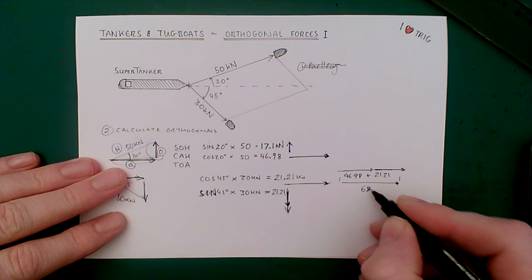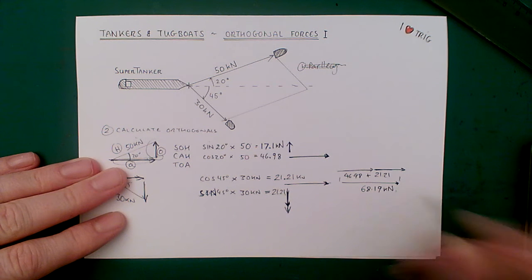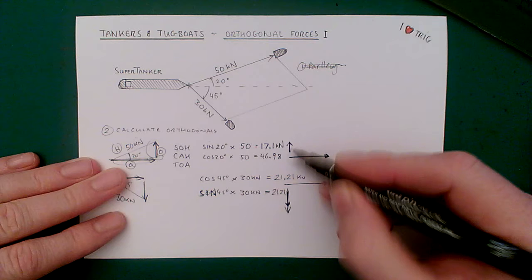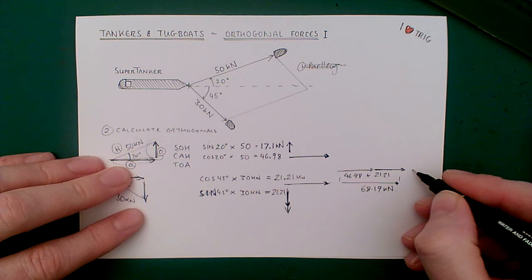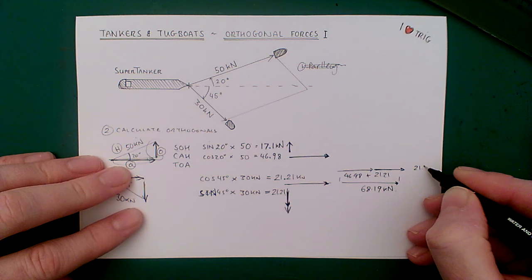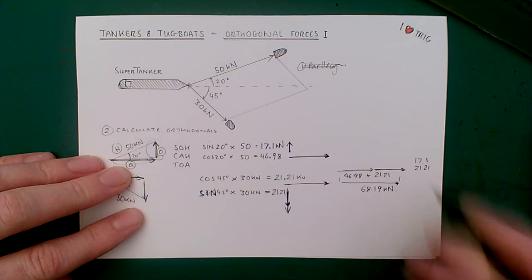So, horizontal will be 68.19 kilonewtons, and the two vertical components are acting in opposite directions, so whether it's positive or negative, we've got 21.21 and 17.1.